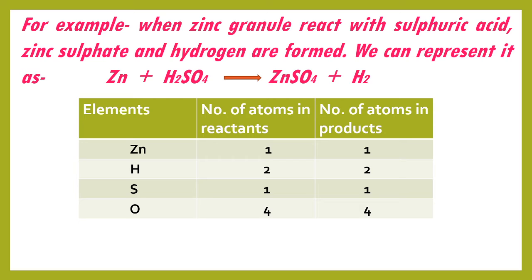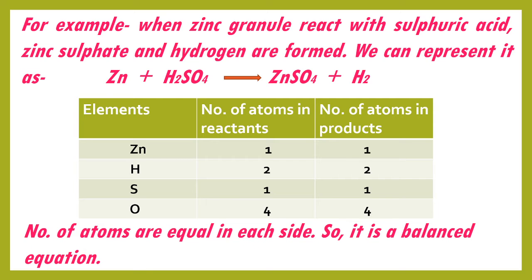In reactants, the number of atoms of Zn is 1, hydrogen is 2, sulfur is 1 and oxygen is 4. The number of atoms in the product is the same as reactants. So the number of atoms is equal on each side. So it is a balanced equation.